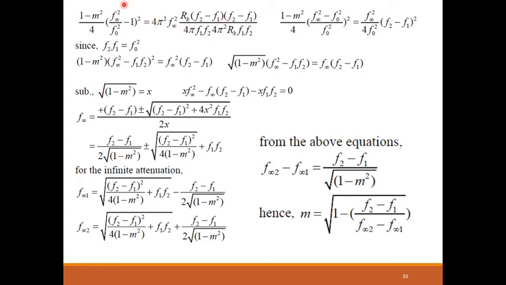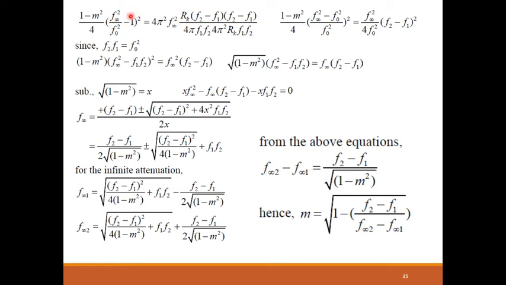This we obtained from introducing the notation m. So we equate both expressions, and we can get the m value. That is our ultimate requirement, that is why we are substituting the values. We are equating both the values, with the constant K as well as m. So here (1 minus m square) by 4 into (f infinite square minus f naught square) divided by f naught square.